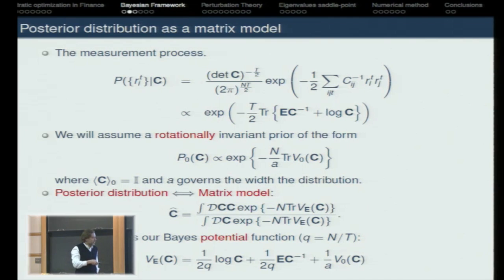The matrix E acts like an external matrix potential, an external matrix field, and breaks rotational invariance because E in general has some very specific eigenvectors. But V0 is rotationally invariant, and its form has a log, a C^-1, and then all the terms that might come from Z0.